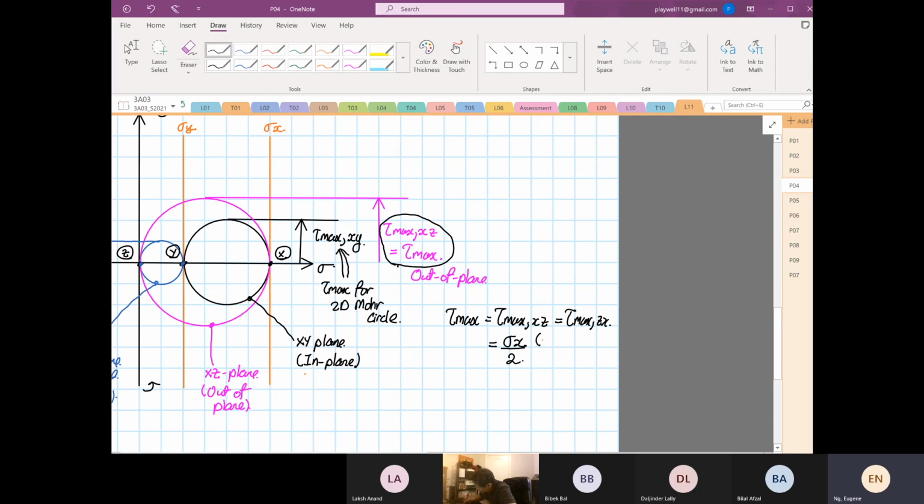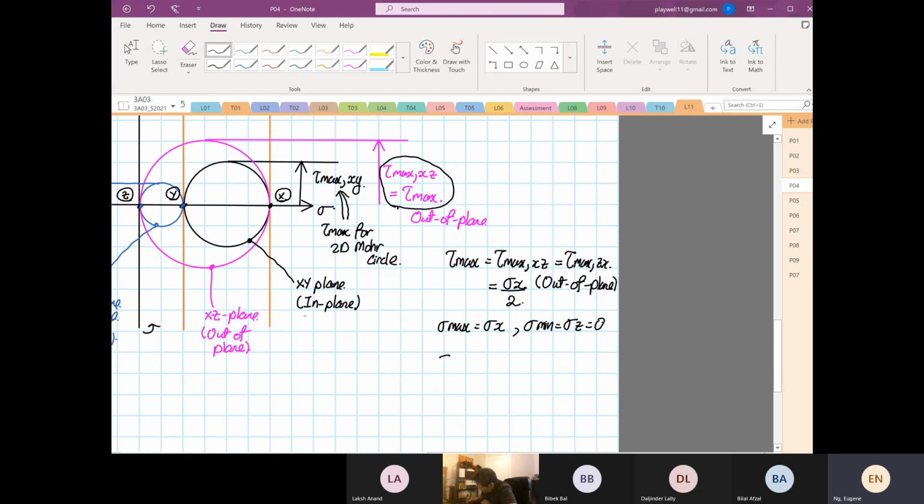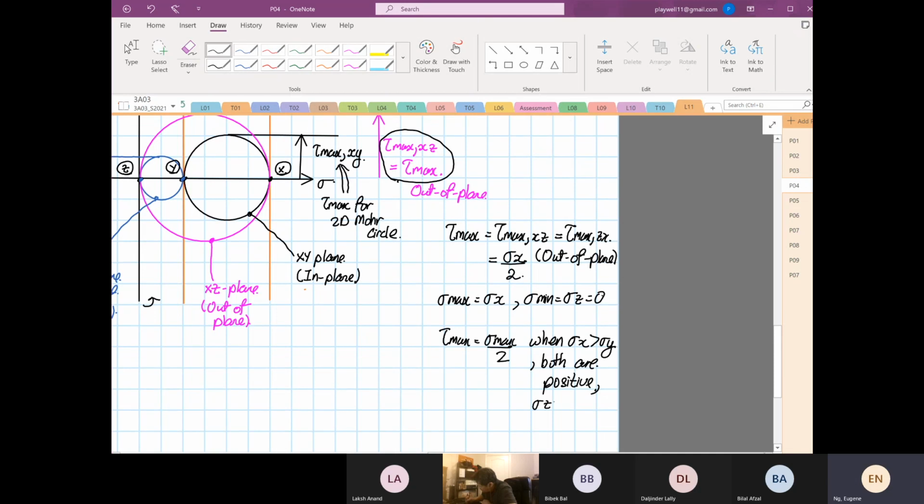Okay, and we know that the tau max is out of plane. So if we call stress max equal to stress X, and stress mean equal to stress Z, which is equal to 0, then for this condition, tau max is equal to stress max divided by 2 when stress X is greater than stress Y, both are positive, and stress Z is equal to 0.